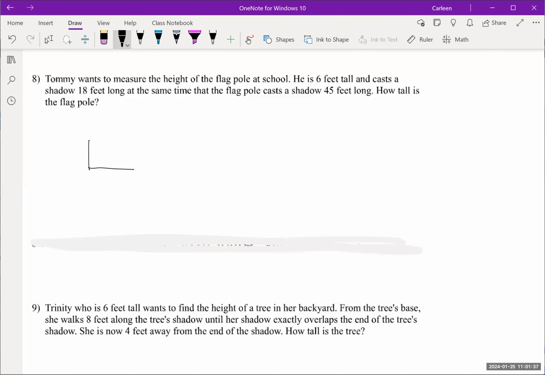Tommy, shadow, right? Tommy is standing perpendicular to the ground. Flagpole, shadow. Okay, so Tommy and the flagpole cast separate shadows. So what's going to go here?